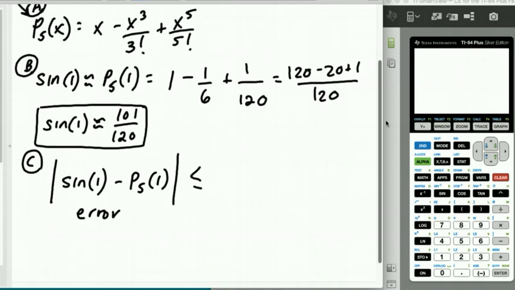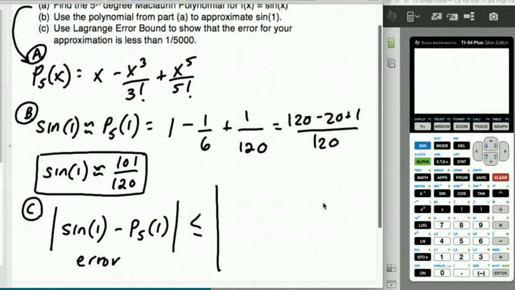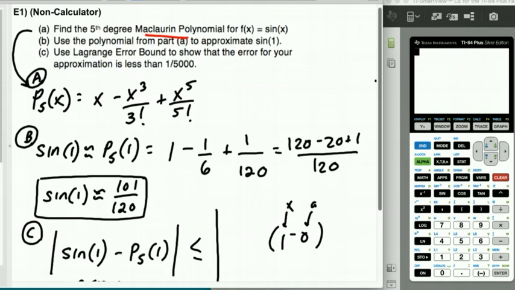And then this is the part that's a little bit tricky. So the first part's pretty easy. I'm centered around 0 because it's a Maclaurin polynomial, right? So it's safe to say that I want x, which is 1, minus 0, which was my center, to the n plus 1. Now, one caveat about this is that even though this is a 5th degree Taylor polynomial, it's sine of x.